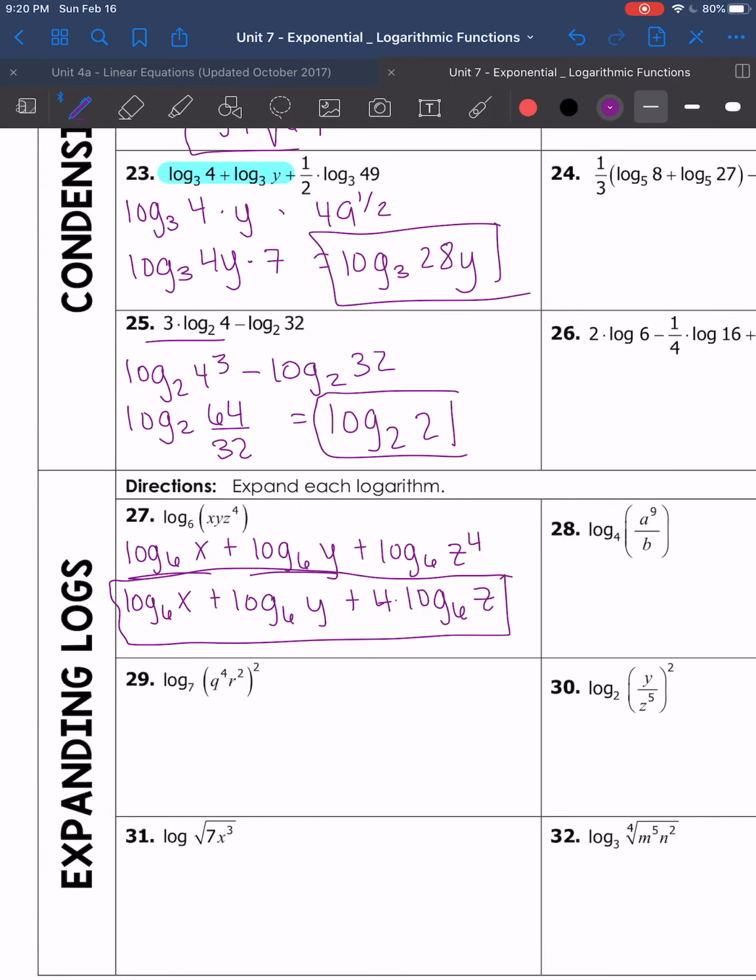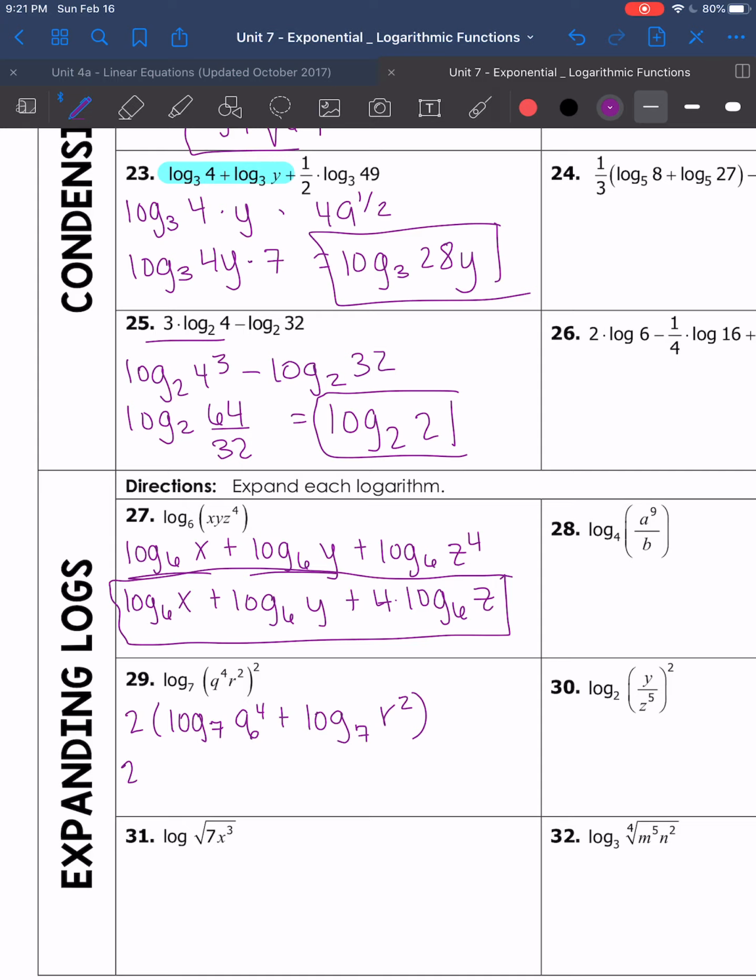So now, everything is to a power, so I'm going to take 2 times log base 7 of q to the 4th plus log base 7 of r squared. So then I can still use my product property here.